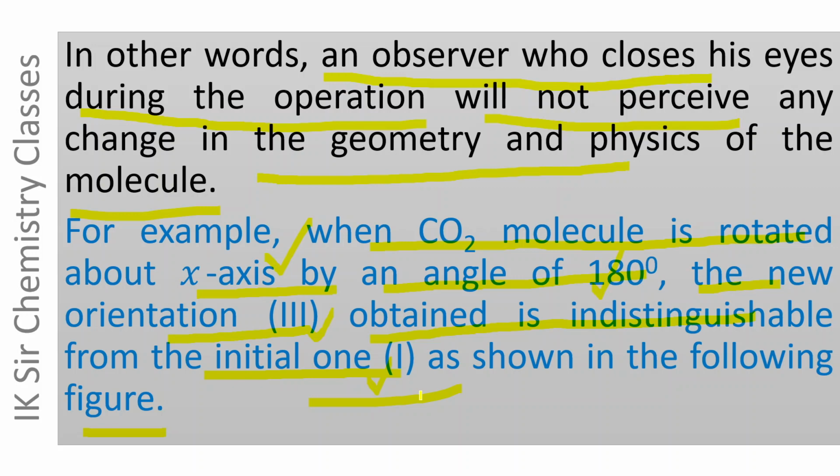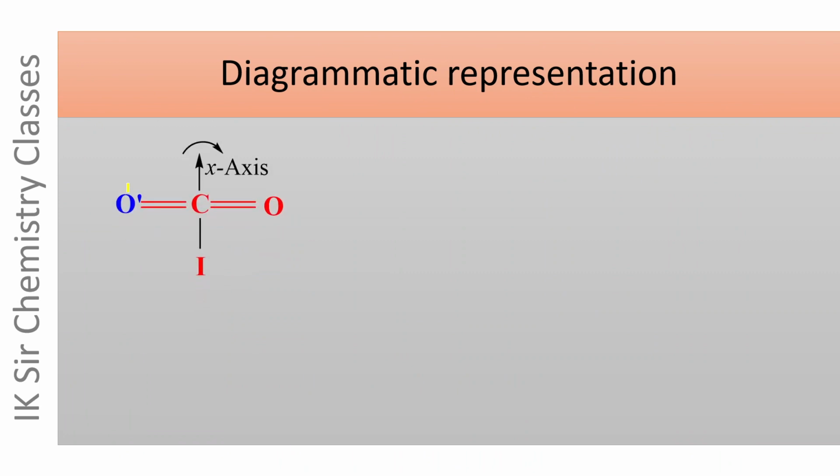Let us illustrate with an example diagrammatically as follows. It is CO2 molecule. Its orientation number 1 is given here. It is x-axis, and CO2 molecule is rotated about x-axis by 180 degree.